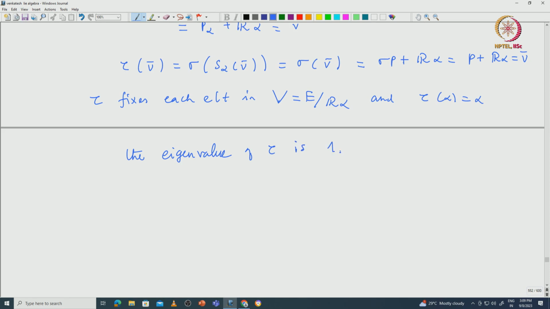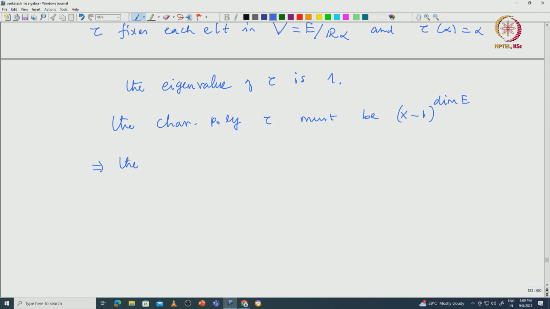Of course, counted with multiplicity, it will be dimension of E. So, then it means the characteristic polynomial of tau must be x minus 1 power dimension of E. So, now this implies that the minimal polynomial of tau must be x minus 1 power r for some r that is at most dimension E.